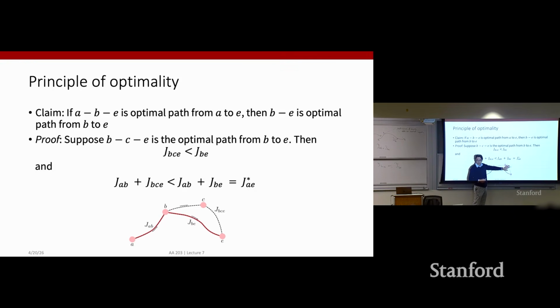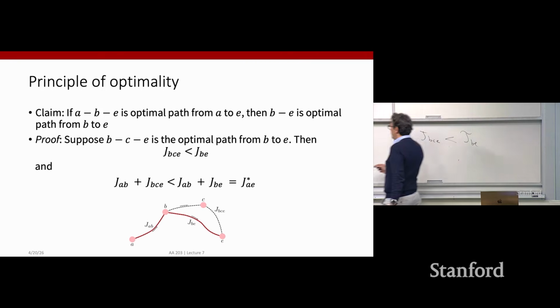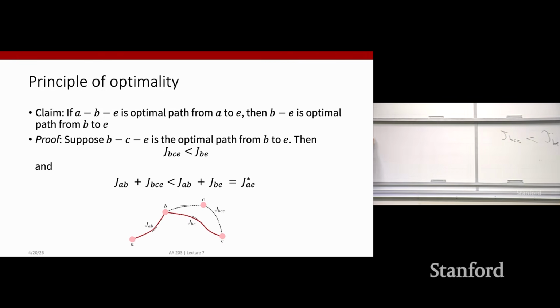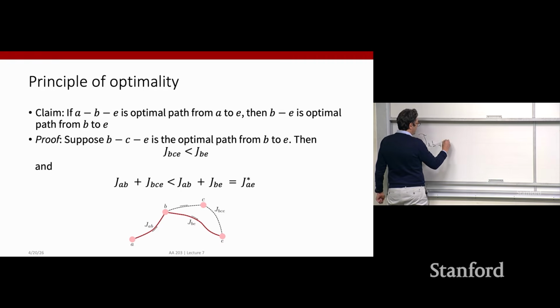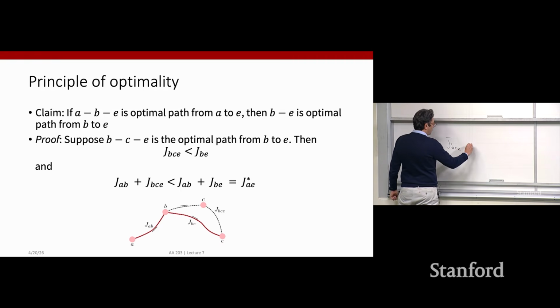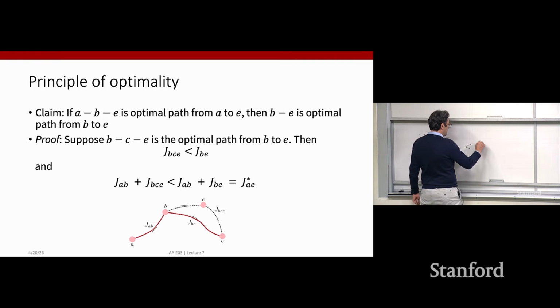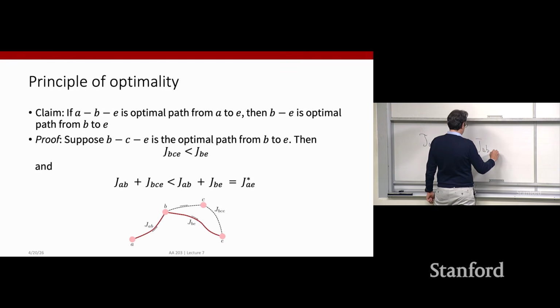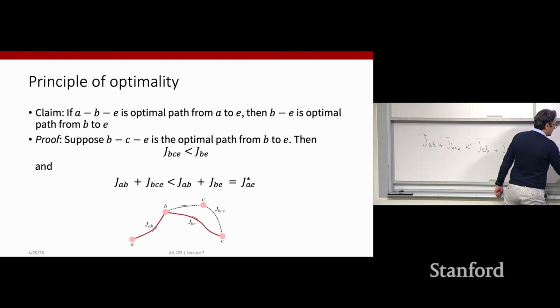Well, but if that was true, it means that I would have found a better path to go from A to E. Simply the one that goes from A to B first, then to C, and then to E. Because of this, the cost of this path would now be JAB plus JBCE, which will be strictly less than JAB plus JBE because of this.